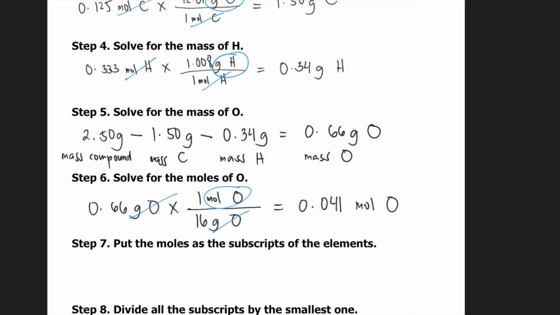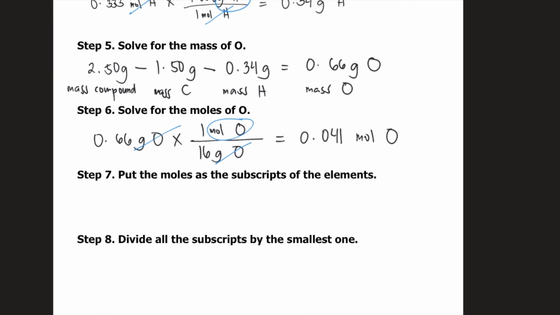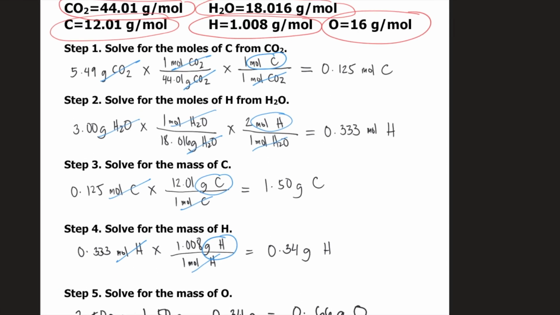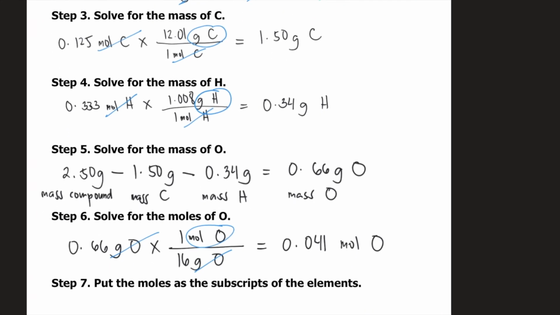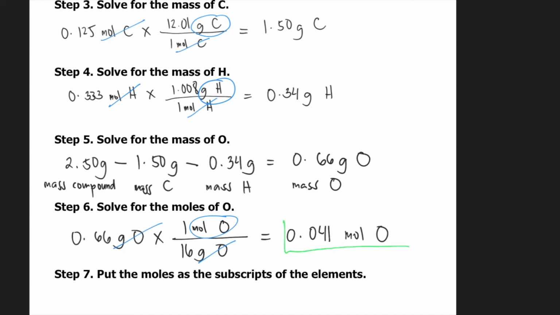Now we have 2 steps left to solve this problem. So for step number 7, it says here, put the moles as the subscripts of the elements. So let's just go back a little. In step number 1, we solved for the moles of carbon, 0.125 moles. In step number 2, we solved for the moles of hydrogen, 0.333 moles. And in step number 6, we solved the moles of oxygen, 0.041 moles.